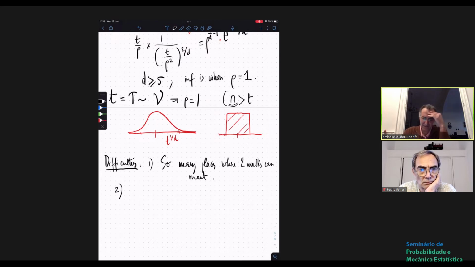Maybe to make it more precise, the problem is to get rid of places, or contributions, where both densities are small.